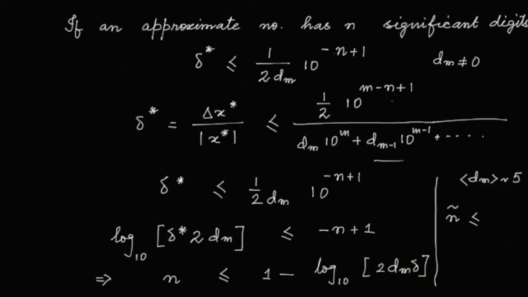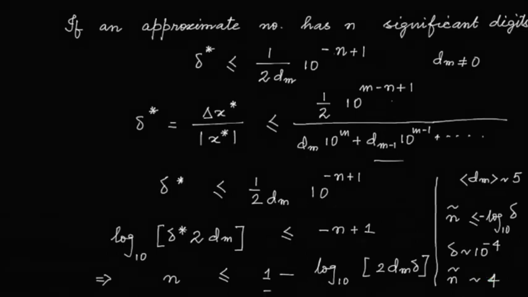So I have 1 here, and minus log 10 of 2 into average of dm, which is 5. So 2 times 5 is 10. So I will get another one which will cancel this. So this is minus log 10 of delta. So if delta is like 10 to the minus 4 in our example, then n tilde is of the order of 4.